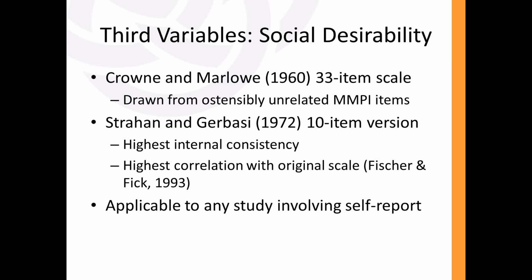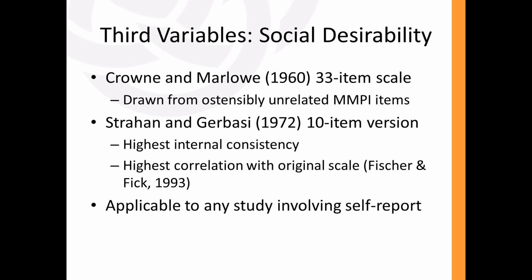Social desirability is one, and there are a couple of different versions that you can use. First is the original 33-item scale developed by Crowne and Marlowe. It's taken from the Minnesota Multiphasic Personality Inventory.